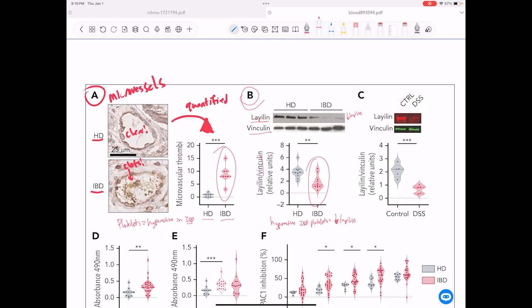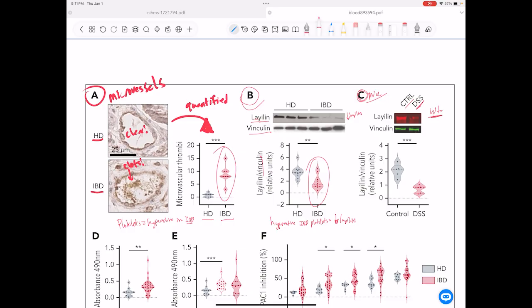I think not. All right, now this is in mice over here. So we have our healthy control. Well, yeah, these are healthy controls. This is DSS, and these are all in wild type. We didn't bring in the Layilin knockout for this one because we were just trying to show what happens in diseased mice.